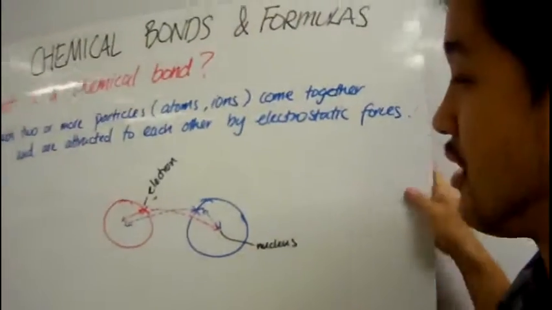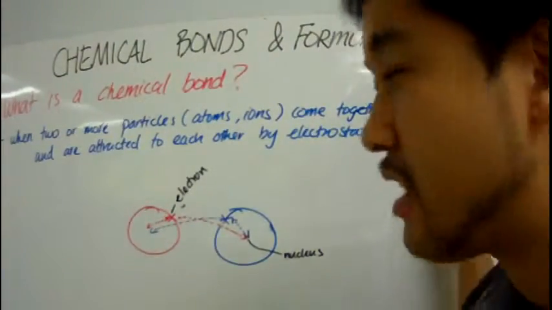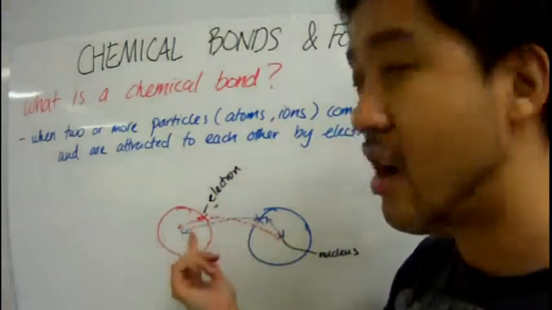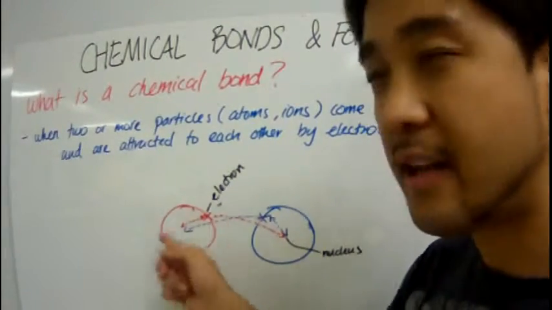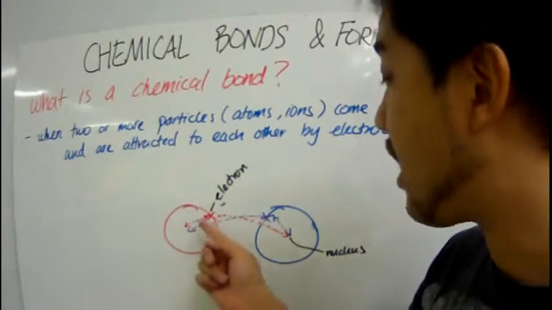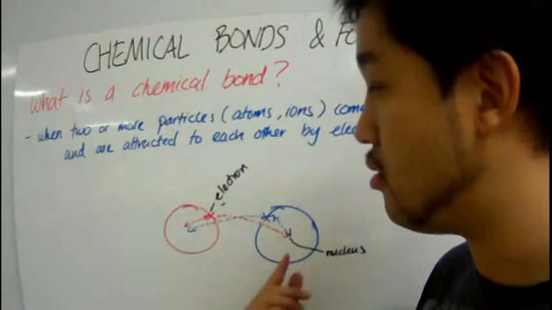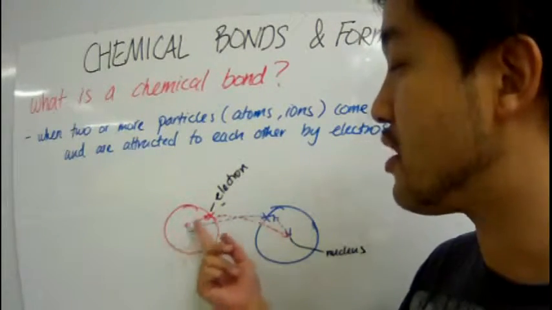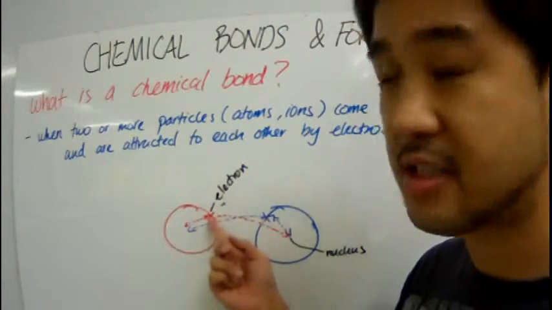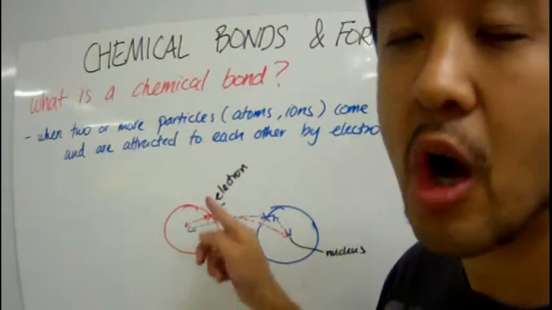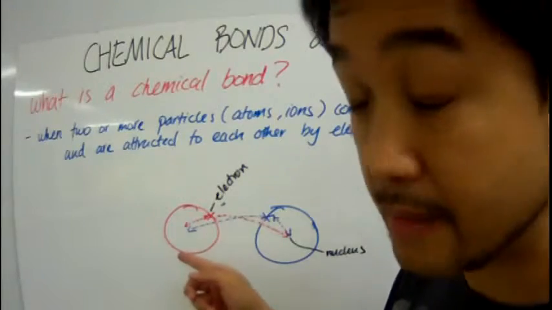Well, an electrostatic force is simply when the electron of one particle is attracted to the nucleus of another particle, as well as some of the forces that are in play between that same electron and its own nucleus.